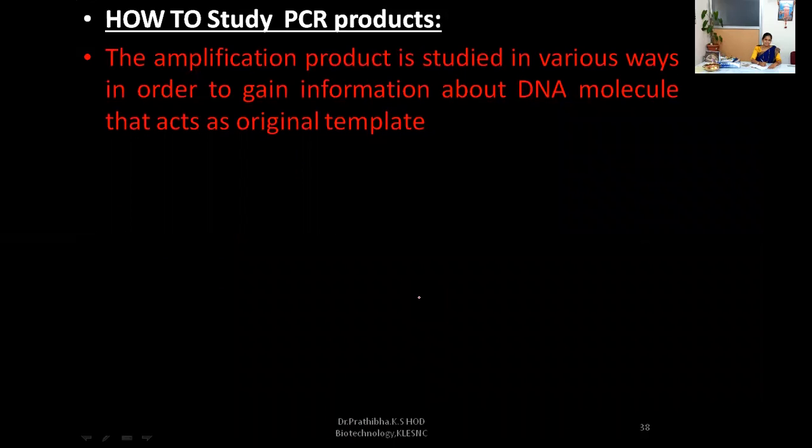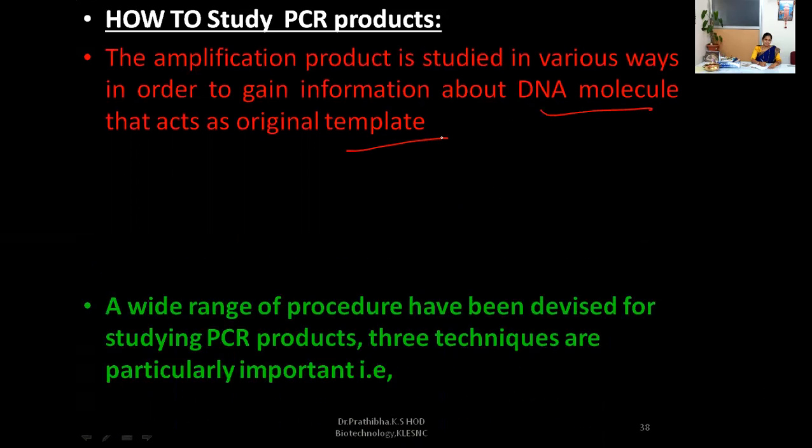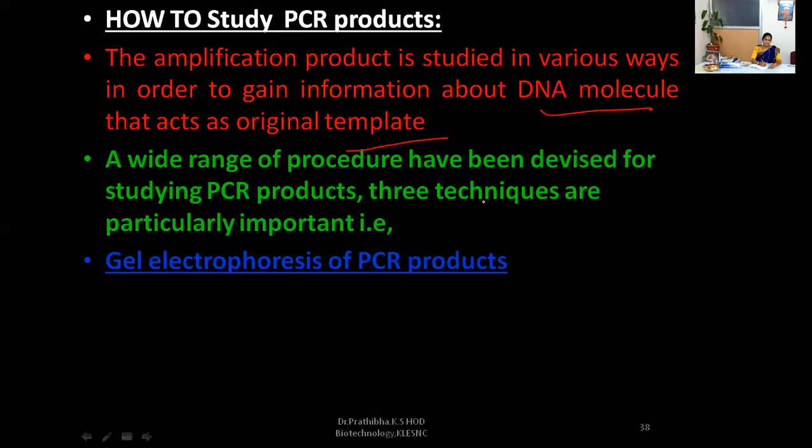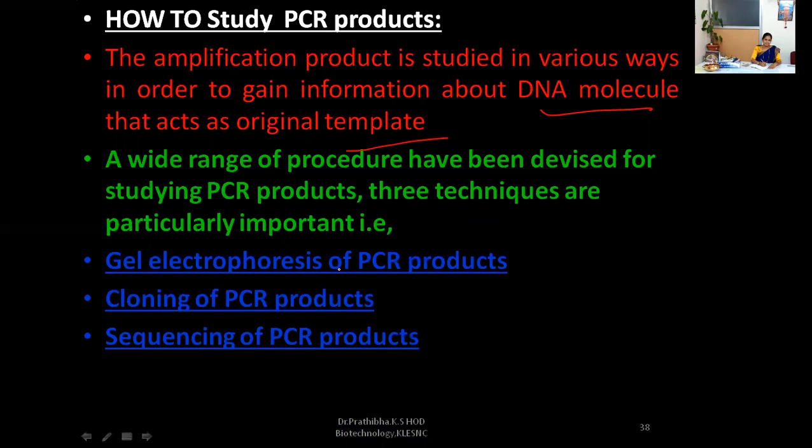How to study these PCR products? The amplification product is studied in various ways in order to gain information about the DNA molecule that acts as the original template. A wide range of procedures have been devised for studying this PCR product. There are three techniques that are particularly important. That is gel electrophoresis of PCR product.